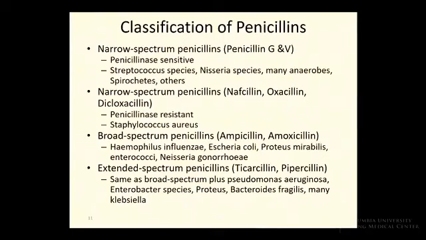Okay, so if we look at the penicillins, what we see are narrow-spectrum penicillins, penicillin G and penicillin V. Okay? So not only are there beta-lactamase enzymes that bacteria can use, but bacteria also can produce something called penicillinase, which can break down penicillin.